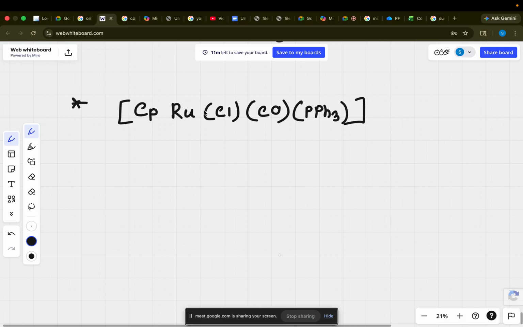So how many electrons? 18. So cyclopentadienyl will donate how many electrons? 5 electrons. Ruthenium, 8 electrons. Chlorine, 1 electron.